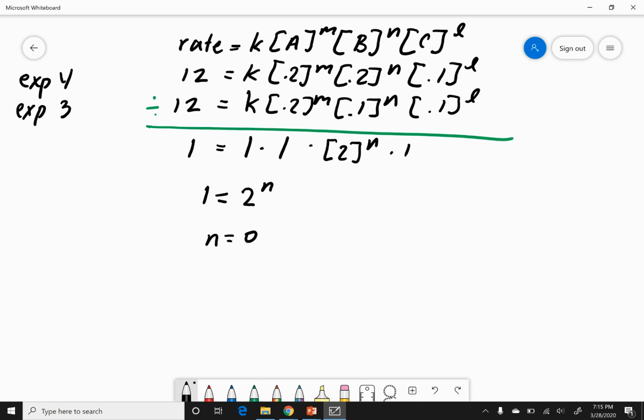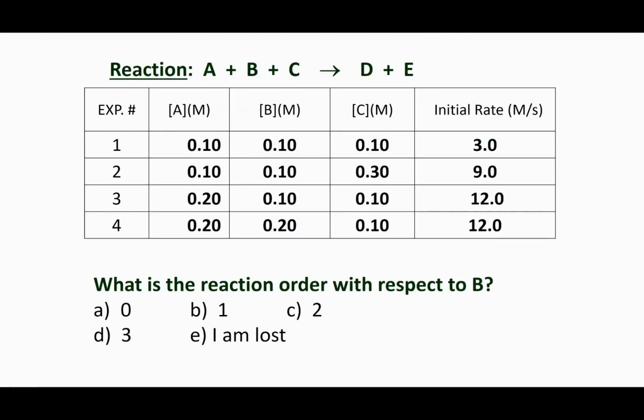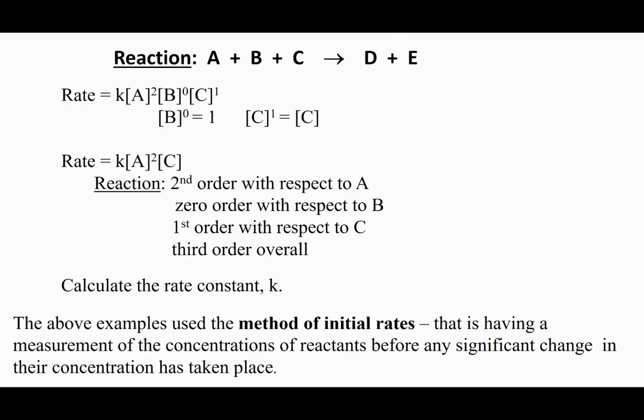So we can go ahead and summarize all of this. This is the summary of all the data that we have. Our rate is going to equal k, A raised to the second power, B raised to the 0th power, and then C raised to the first power.